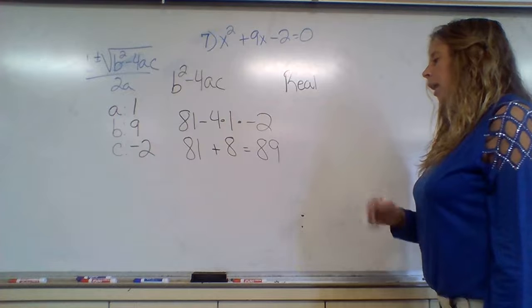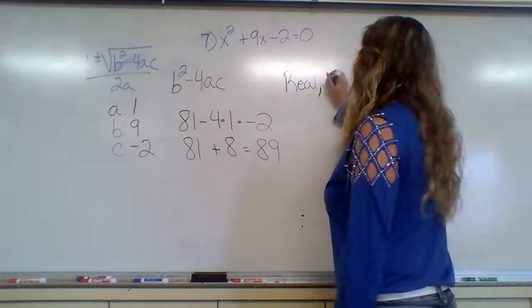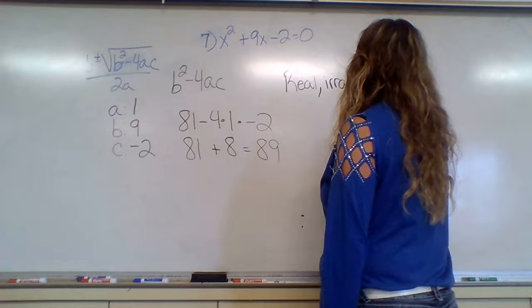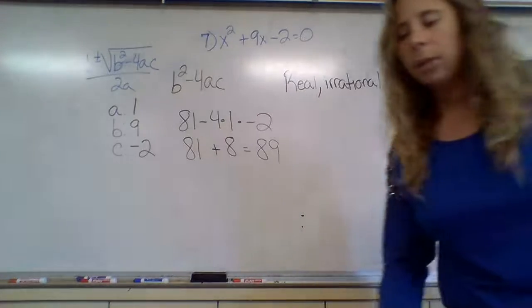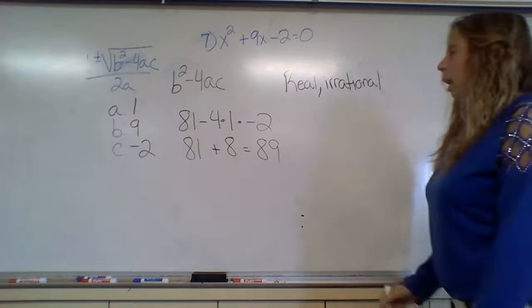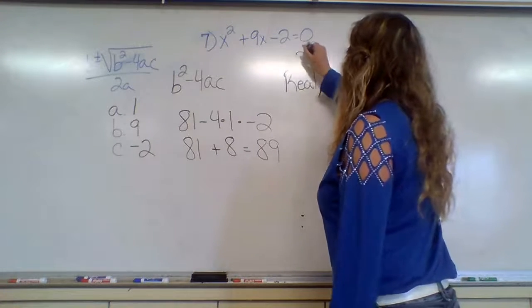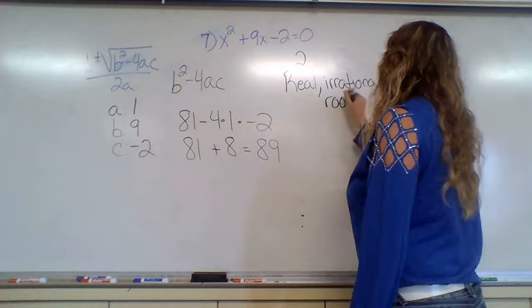And 89 is not a perfect square, so they are irrational. I think you also have to say how many. Yes. And how many are there going to be? There are going to be 2. Two real irrational roots.